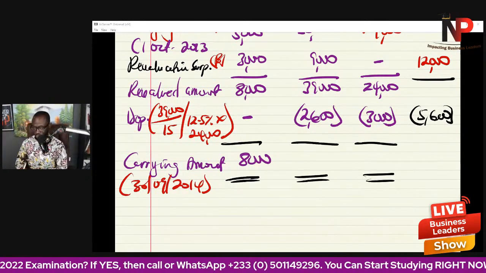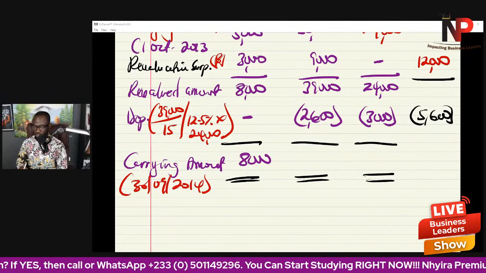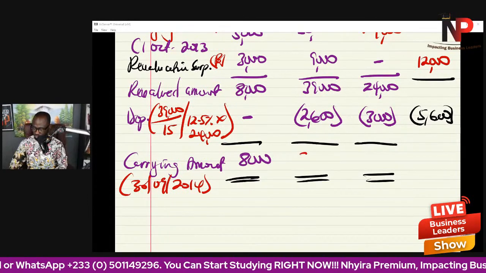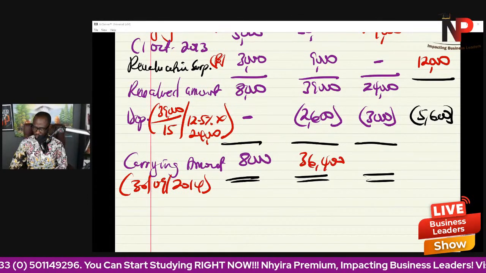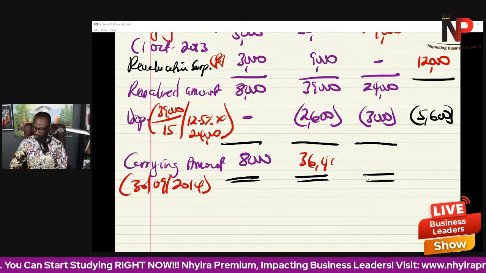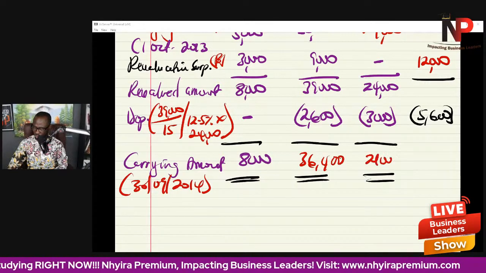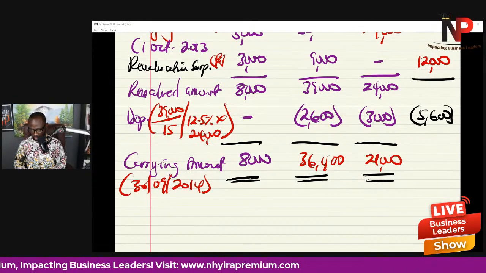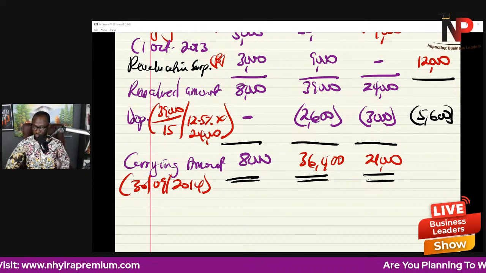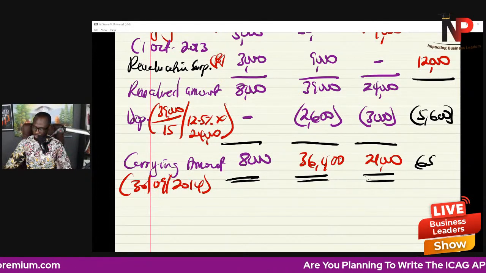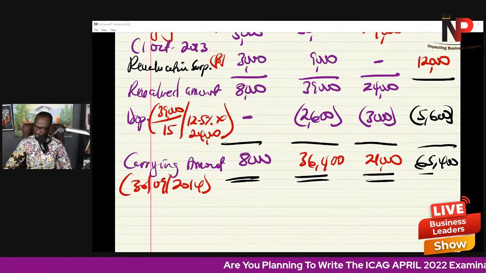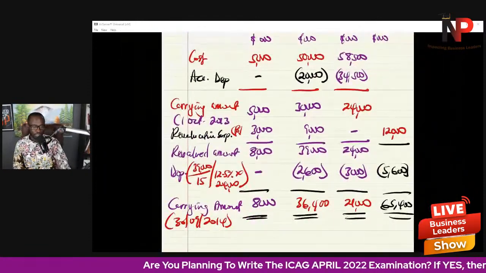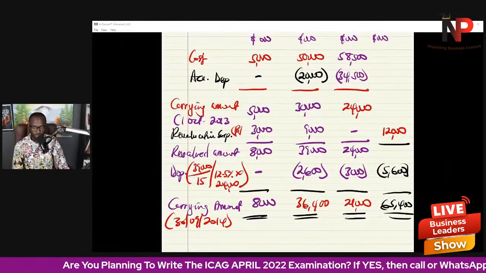So 39,000 minus 2,600, I'm getting 36,400, plus 21,000. So let's add it up. Plus 8,000. I'm getting 65,400 for the total PPE. That's the workings. We are done.